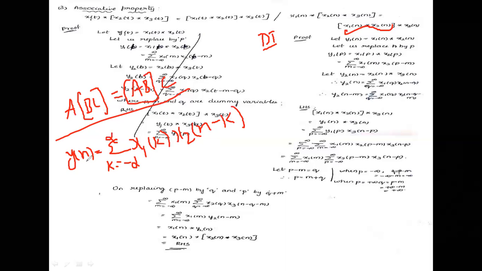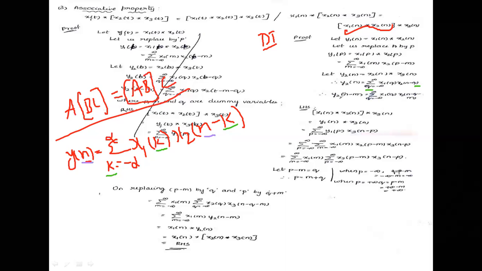So here the output is n, here also the output is n, and this is also n minus k. The variable here is k, and these two are the k values. Assuming here the y2 of n, x1 of n and x3 of n, taking the k as q, x1 of q, x2 of n minus q, n value is the same.